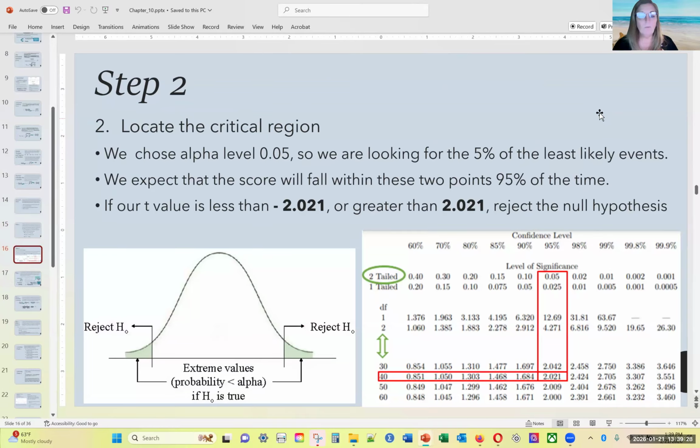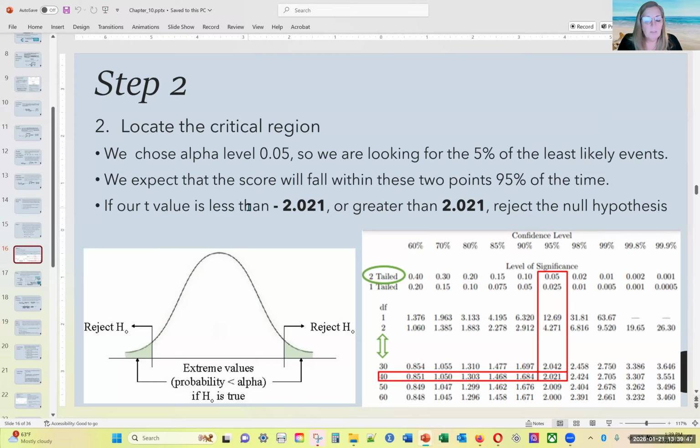Step two, okay, where's the critical region? Good question. We choose the alpha level 0.05, and we're looking for 5% of the least likely events, right? So we expect that the score will fall within these 2 points 95% of the time.